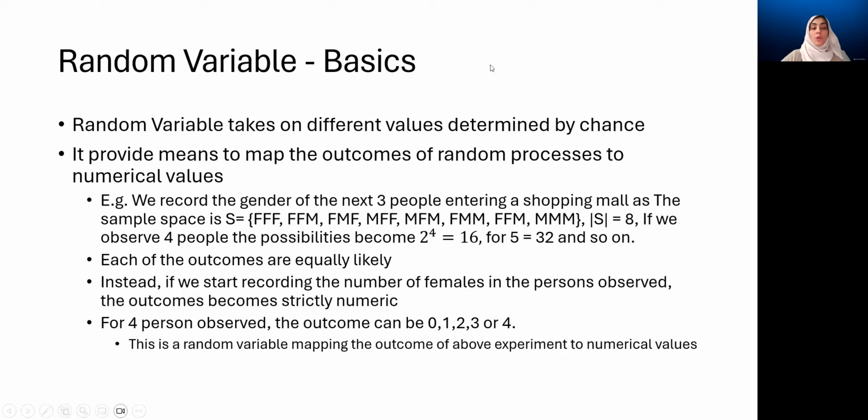So you can go back and see that when we were describing this experiment the way we had been doing it earlier, the sample space consisted of these outcomes. And now, when we have transformed this into a random variable, we have fewer options for the values of the random variable, and also all of those values are now numeric.